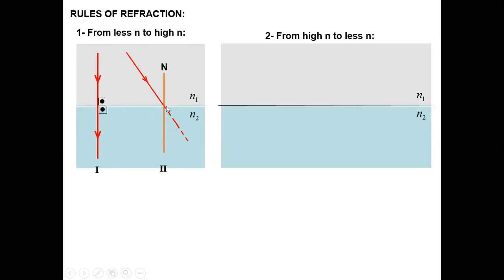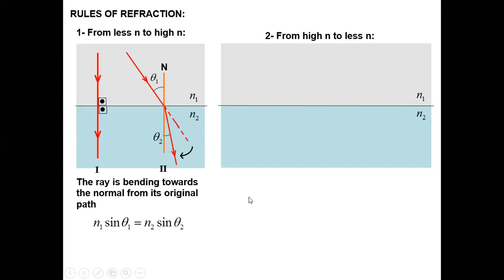The light ray would continue like this. But since N2 is greater than N1, it's going to bend towards the normal, okay? Since the density of medium 2 is greater than the density of medium 1, the refracted ray is going to get closer to the normal. Okay, it's going to bend more.